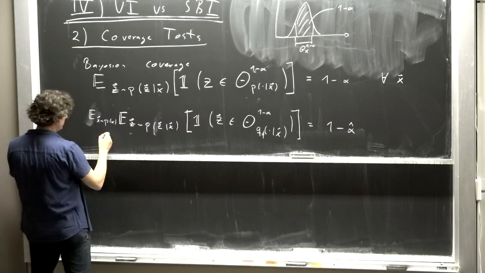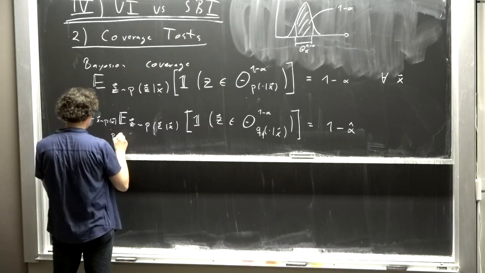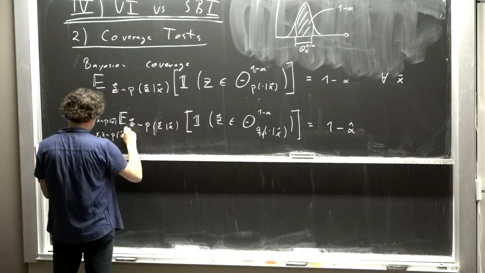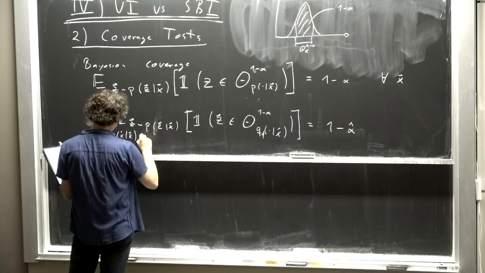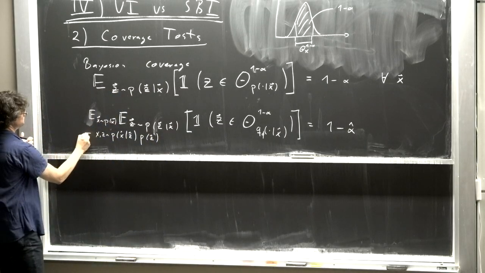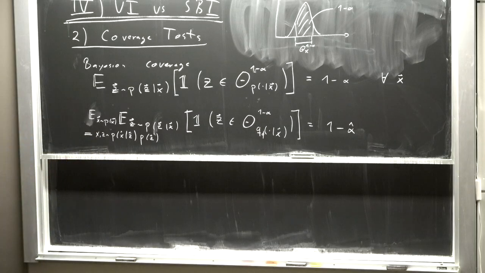And then instead of sampling first an observation and then something from the posterior, we sample simply first the parameter and then an observation, right? So that's the same trick we used to actually get started with simulation-based inference in the first place.